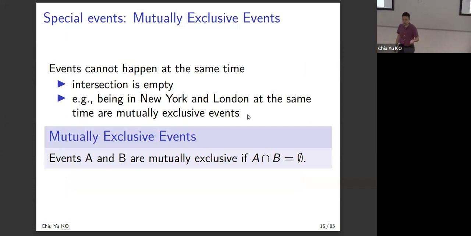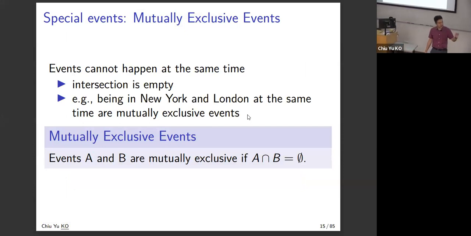We just rule out that they happen at the same time. Because there are always 4 possible cases, right? Both of them happen, both of them do not, A happens, B does not, B happens, A does not.